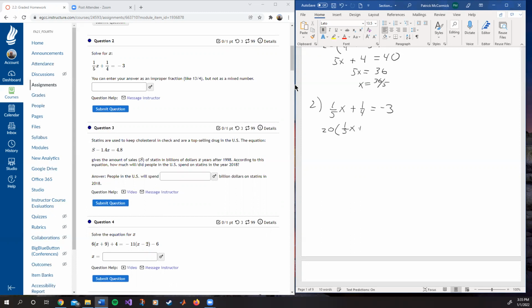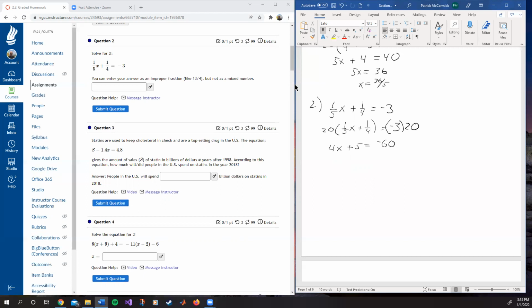Bear with my handwriting here with this tablet pen. I'm trying to look at the screen and draw on the tablet. So distribute the 20. 20 times 1/5, that's 4x. 20 times 1/4 is 5. Notice what I did. I almost messed up. I didn't multiply that side by 20. Be careful there. 20 times -3 is -60. I did that on purpose, to see if you'd catch me.